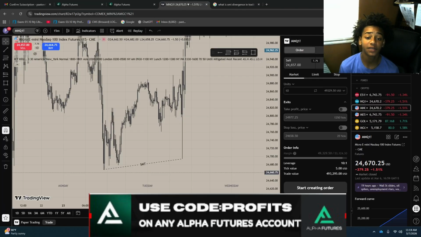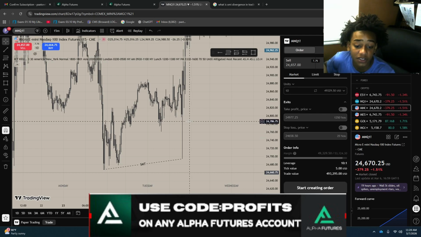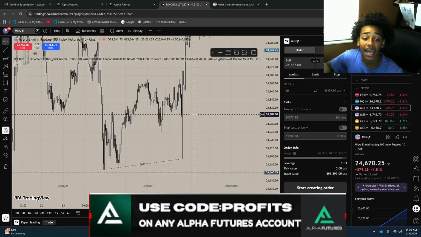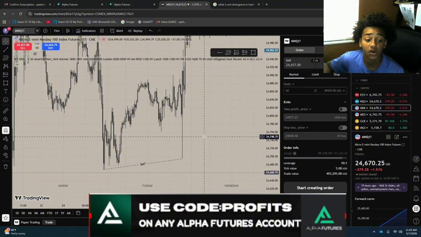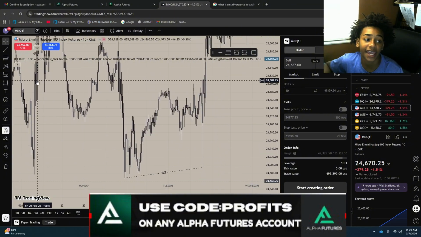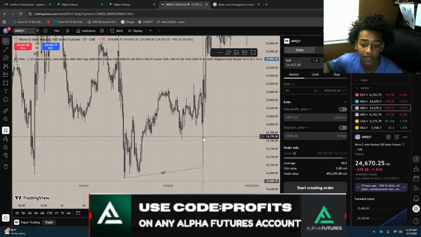Okay, guys, this is going to be our second on-chart example of how we can use SMT divergences as entries. On this specific day, which was last week, I actually took this amazing trade using our SMT divergence. As soon as New York market opened at 9:30 Eastern Standard Time, we came down.